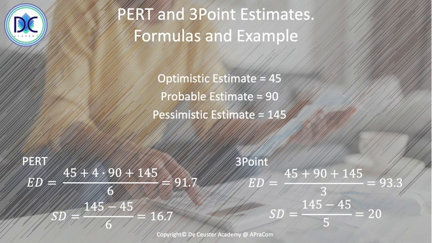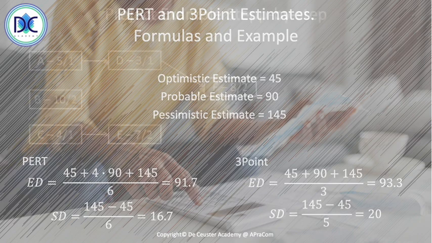We see in both cases that the expected duration when we take the 3-point estimate is higher than the PERT estimate. This is because when we calculate the 3-point, we don't know so much about the probability distribution of the activity durations, so we have a higher value and also a higher standard deviation or a higher variance.